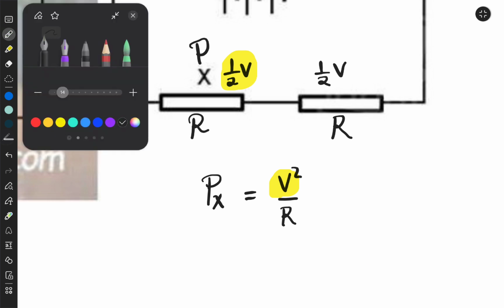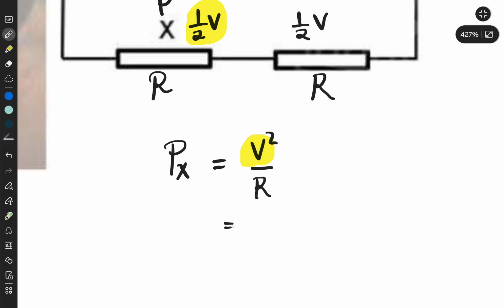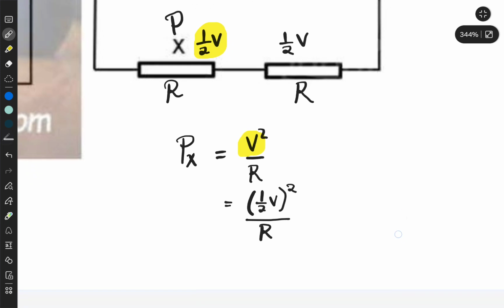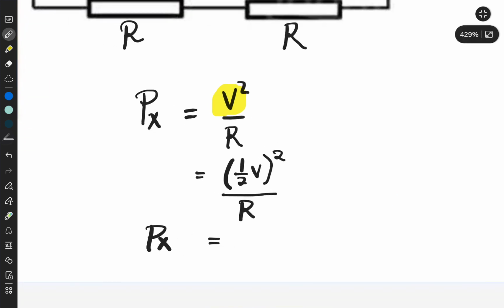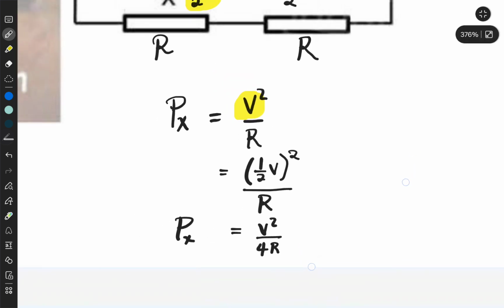So now we are substituting the value of V, and R is just R because our resistor is simply R. So we get 1 over 2 V, squared, over R. This will give us that PX, the power dissipated by resistor X, is V squared over 4R.